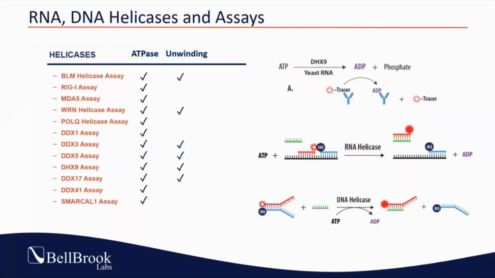Great. So here's another one. Can BellBrook Labs run pilot screens or custom assay development for these novel helicases? Yeah, absolutely. In fact, that's one of the things that got us into this target area. We ran a project a number of years ago for a company, developed some assays for a number of DNA helicases, including WRN. And that got us interested in the platform. For an example of what we did there, we produced the recombinant proteins for them.